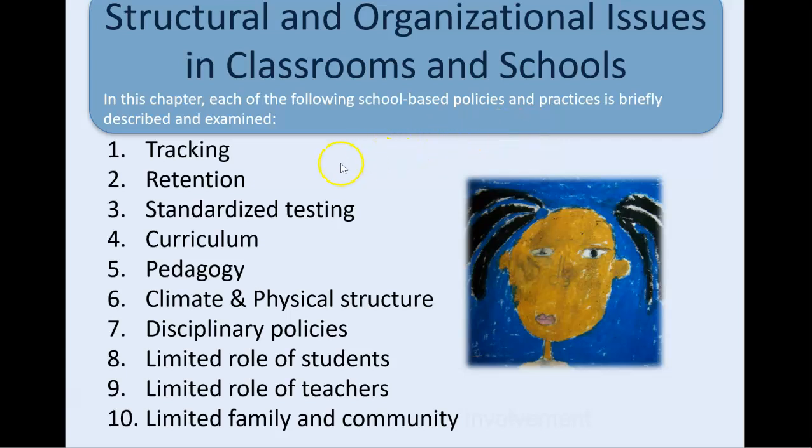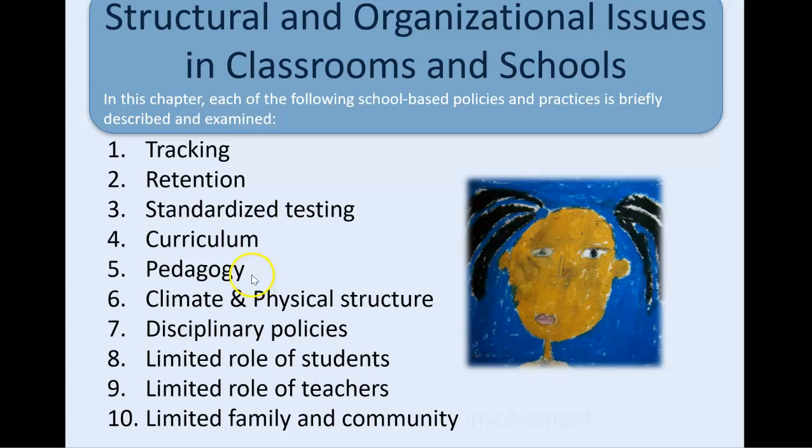So things like tracking. Tracking is basically grouping and making sure that some students are going to be in a higher track than others. Who gets retained, like has to repeat grades. What are issues with standardized testing? We're going to talk about that in another chapter, as well as curriculum.